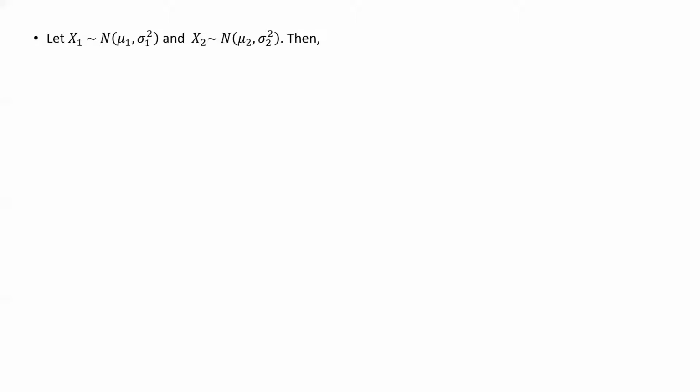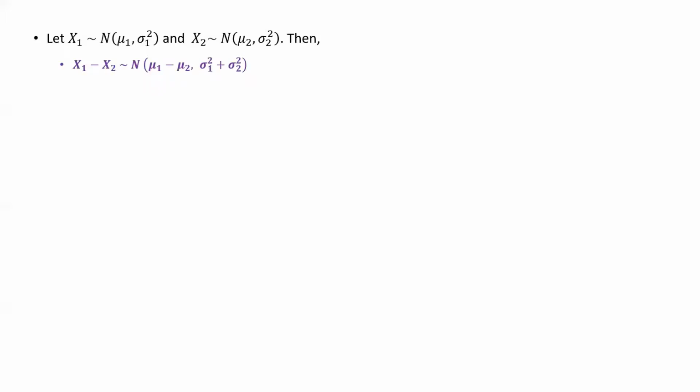To see this stuff, we will let x1 be a random variable which follows a normal distribution with a mean of mu1 and a variance of sigma 1 squared. We will let x2 be another random variable which also follows a normal distribution with a mean of mu2 and a variance of sigma 2 squared.